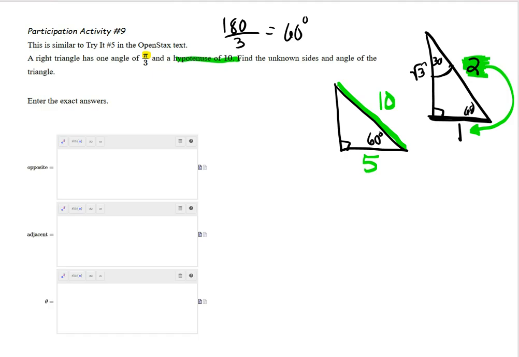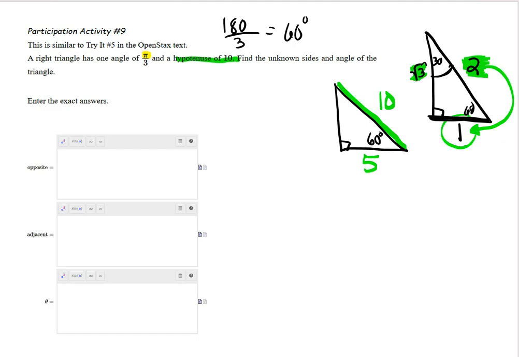And then the adjacent side, well, that is the adjacent side, 5. So I'm just looking at this. And then this one here, which is the square root of 3, it's the square root of 3 times whatever this side is.